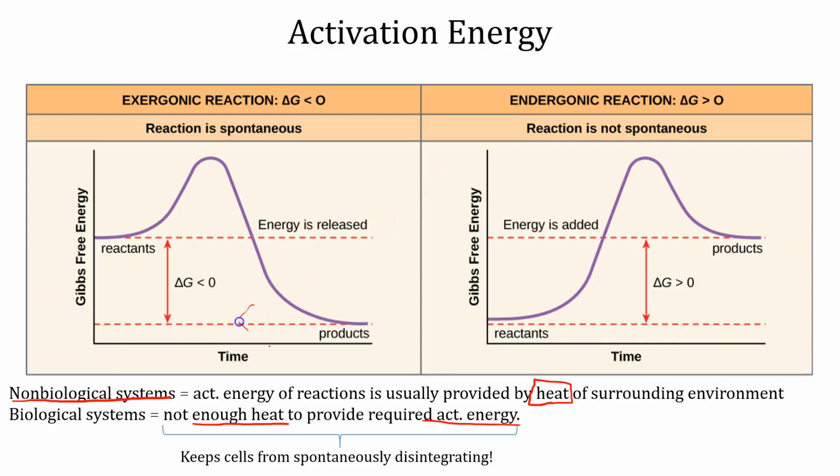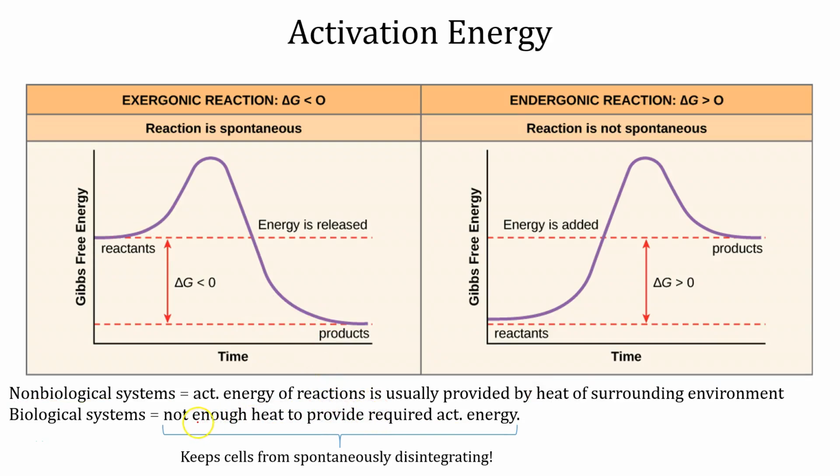So it's a good thing that this activation energy is required, because if it wasn't, then your starch molecules, your proteins, your big DNA molecules, these big macromolecules with a lot of free energy, would automatically break down without any restraint, okay? And then you wouldn't be able to keep your cell intact.